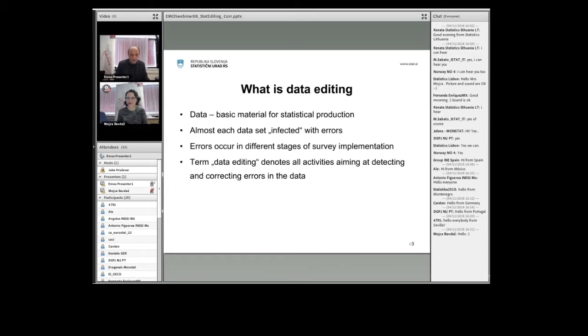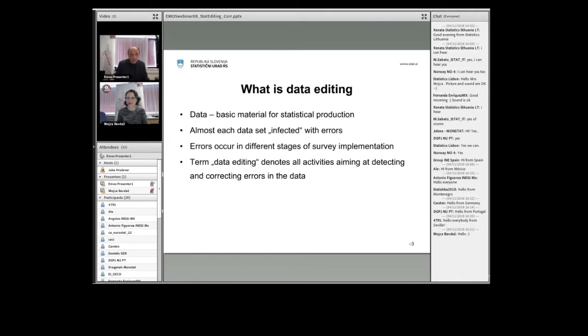There are a lot of theoretical textbooks about sample selection, data collection, and the errors that should be avoided there, but there is not so much theoretical work on data editing so far. This is still more on the practical level, so there is still a lot of space to build firmer, wider theoretical frameworks in the data editing area.